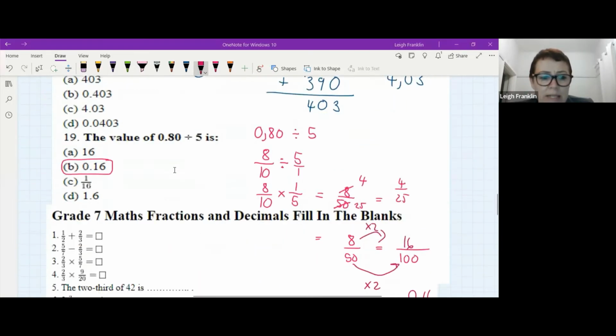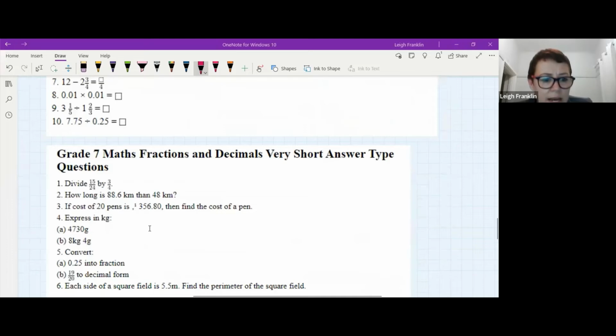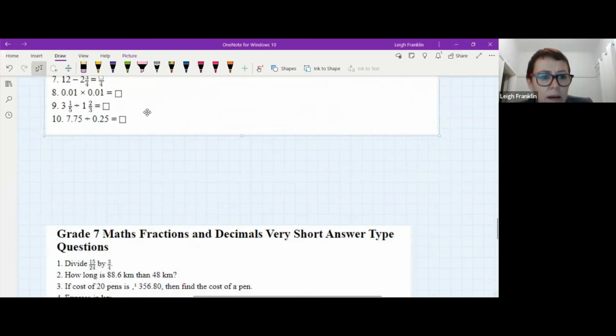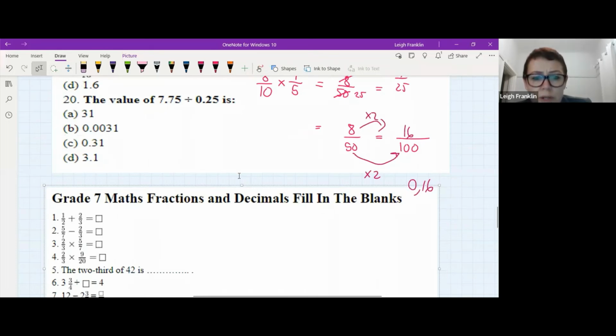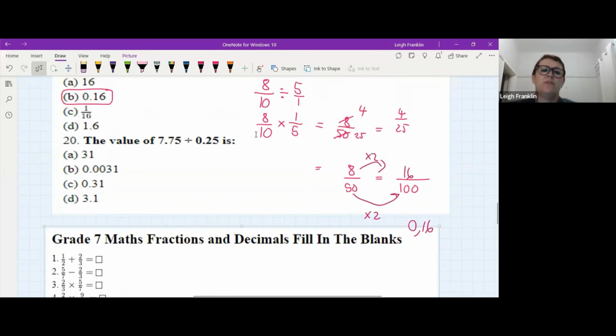All right, so that was question number 19. I think question number 20 is hiding underneath here. And Ntabiseng, do you want to do question 20? Oh, that's a difficult question. Yes, ma'am, I'll do it, ma'am.